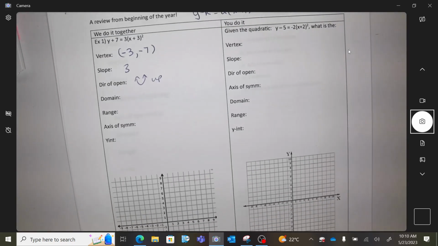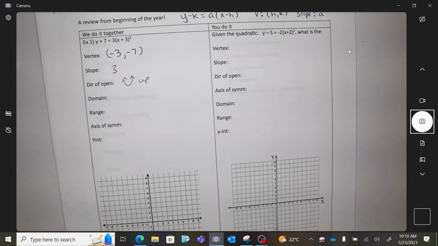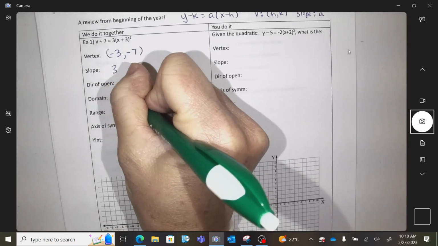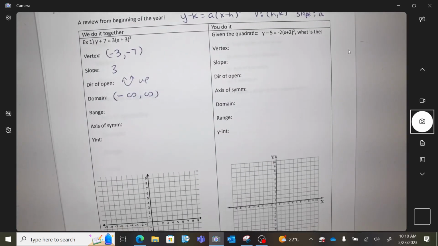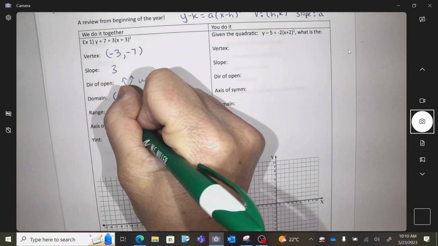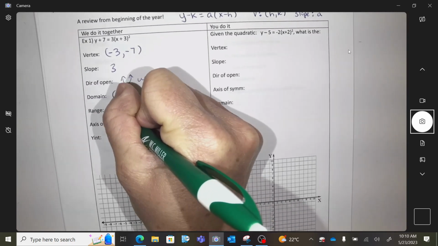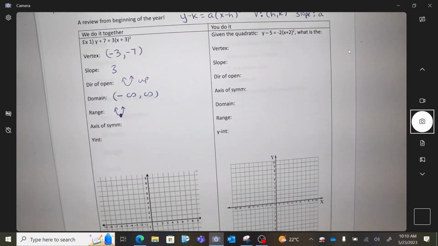And what's the domain of any parabola? Domain is how far left to right: -infinity to infinity. Range is the y's, so you have to say how low to how high does it go. What's the lowest? So this one will be some kind of low number and then infinity because it's going upward.